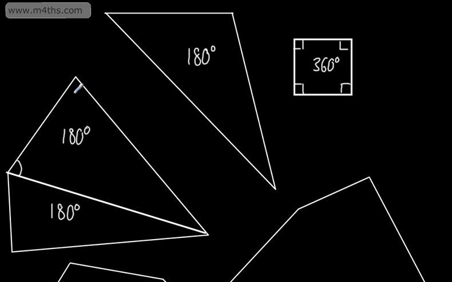So if I added that one to that one to that one, that would give me 180. If I added that one to that one to that one, that would give me 180. So we can see now we have a combined total of 360 degrees. So if we look now, the sides on this one are going to be 4, and we can say that the number of triangles is 2. With this one, the number of sides is 3, the number of triangles is 1.